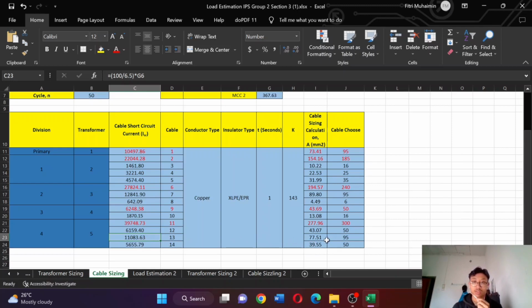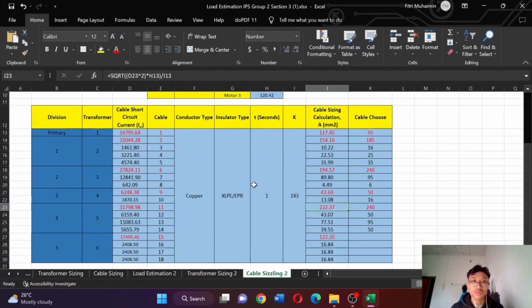The A we get is 77.41, so we choose 95 for the cable size. Last one is 5655.79 for the ISC, and the A we get is 39.55, so we choose 50 mm squared. This is for the cable sizing before the increment, the additional of 65% of load.